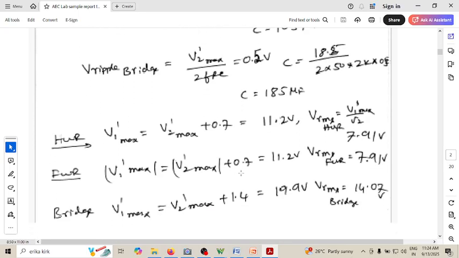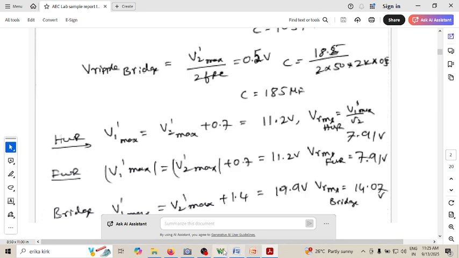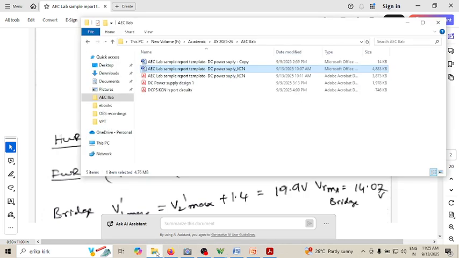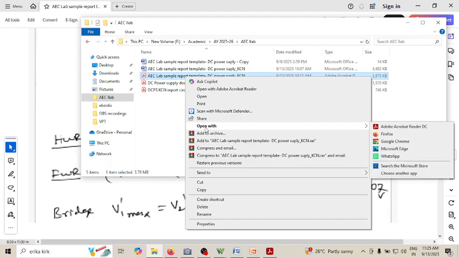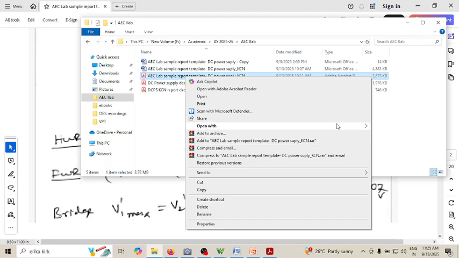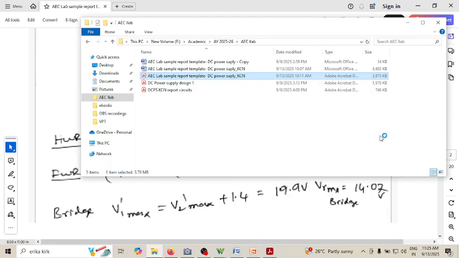So this is what we are having, and then we are trying to find out what should be the rating of the secondary of the transformer. So that's what we are writing here. V2 dash max is nothing but, let me just open this in Firefox also, so that I can simultaneously show you both.